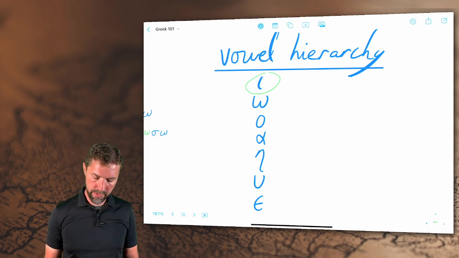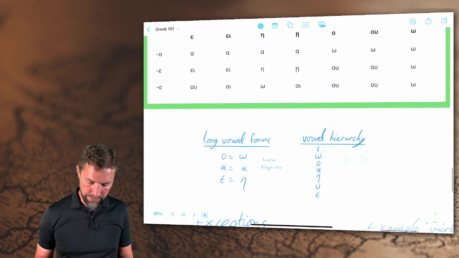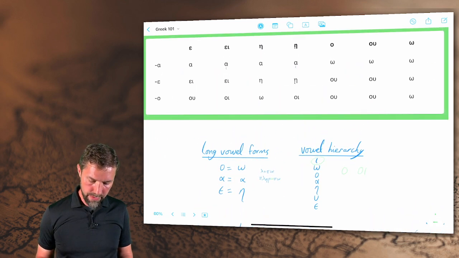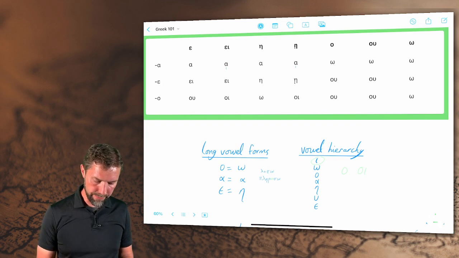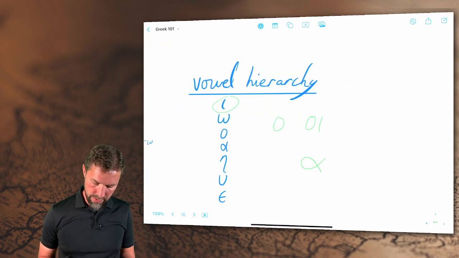Most of the time, let's say I combine an alpha plus the eta iota subscript.